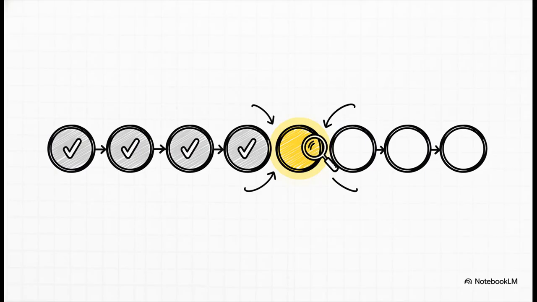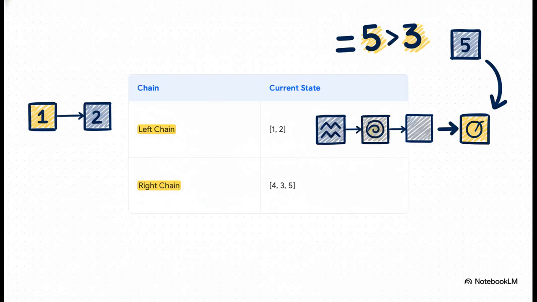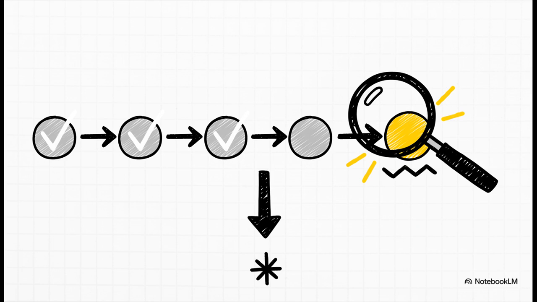We're almost done with our pass through the list. The next node we're going to process has the value 5. 5 is definitely not less than 3, so it gets tacked right onto the end of our right chain. And again, look, the relative order of 4, 3, and 5 is perfectly preserved. And now for the very last node in our input list, which happens to be another 2.